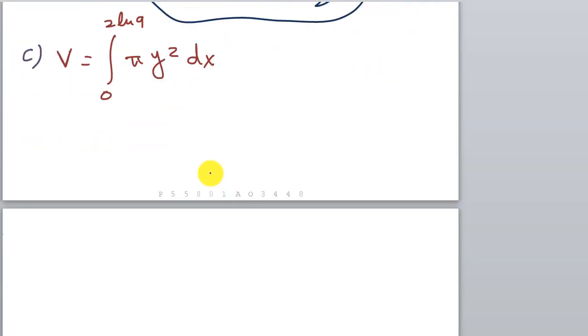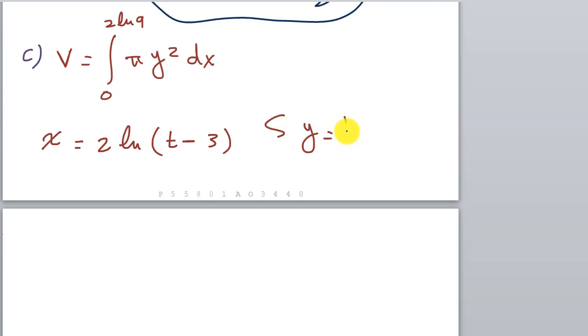This is the volume. We have x equal to 2 ln(t minus 3) and y equal to 6 divided by t. So we need to change dx to be dt.